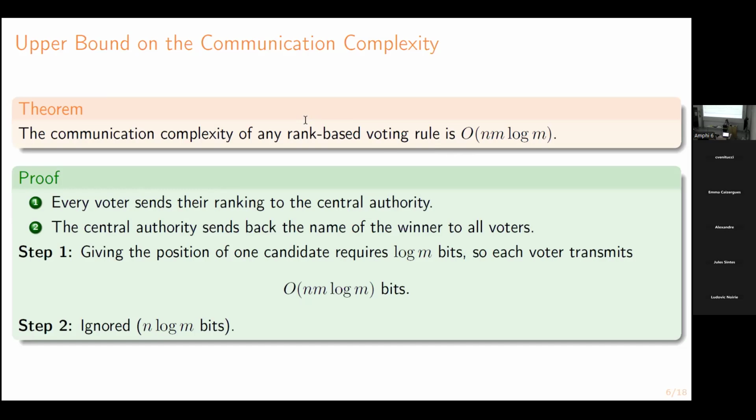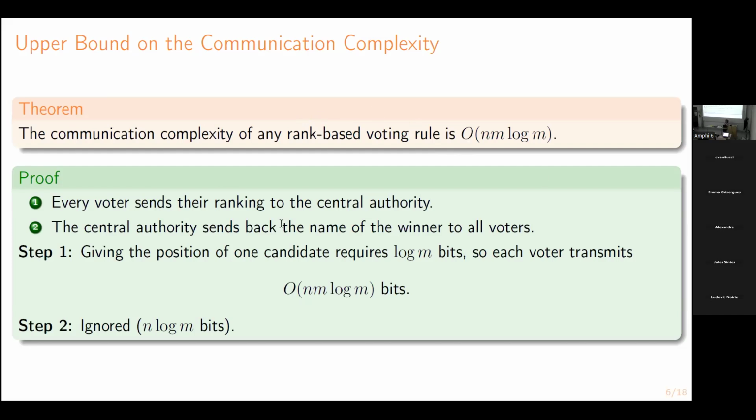Now, this is an upper bound for all voting rules, but you will see later that some voting rules have a better upper bound, and always the proof consists in designing a communication protocol to prove upper bounds. We will see some rules with communication protocols that do better than this one.